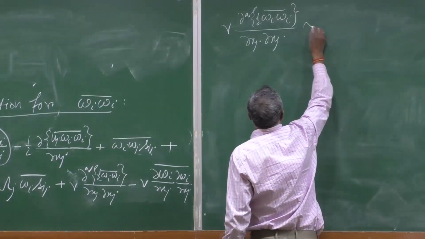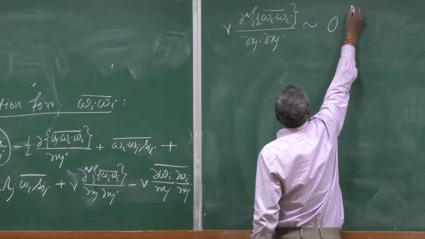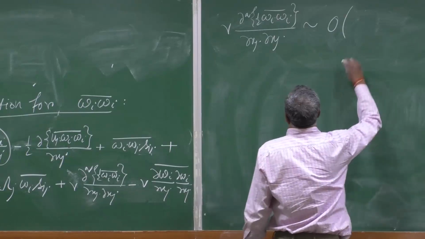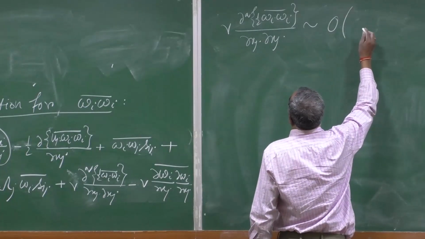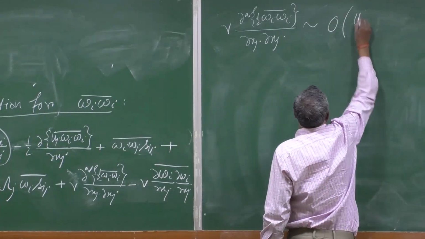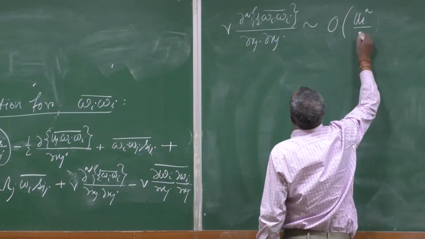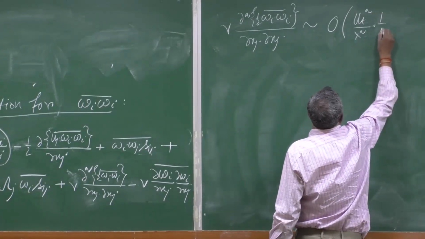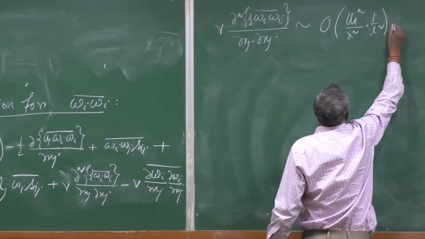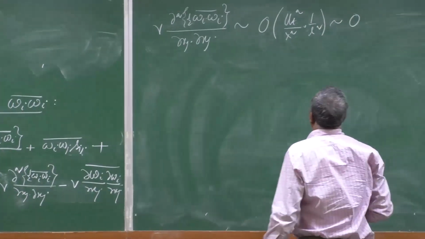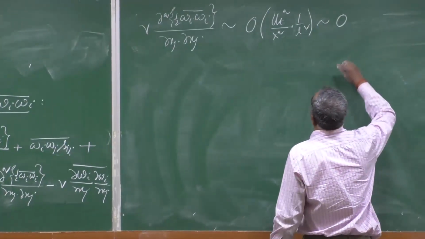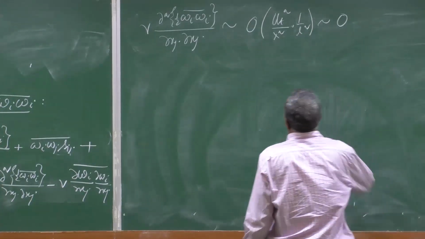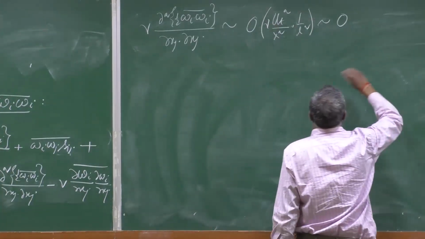So, we are going to find out the order of magnitude of this particular term. The order of magnitude of this term we can write as ut square by lambda square, 1 by L square, which is of order... nu is there, we are forgetting nu.